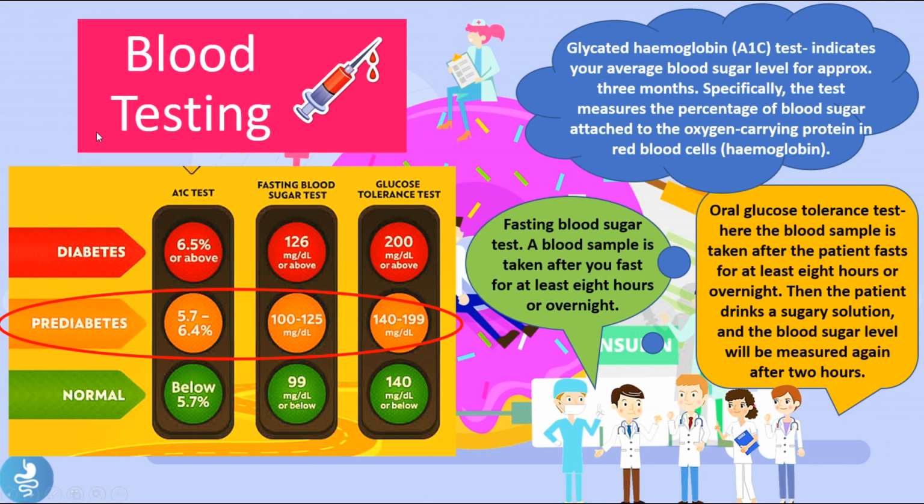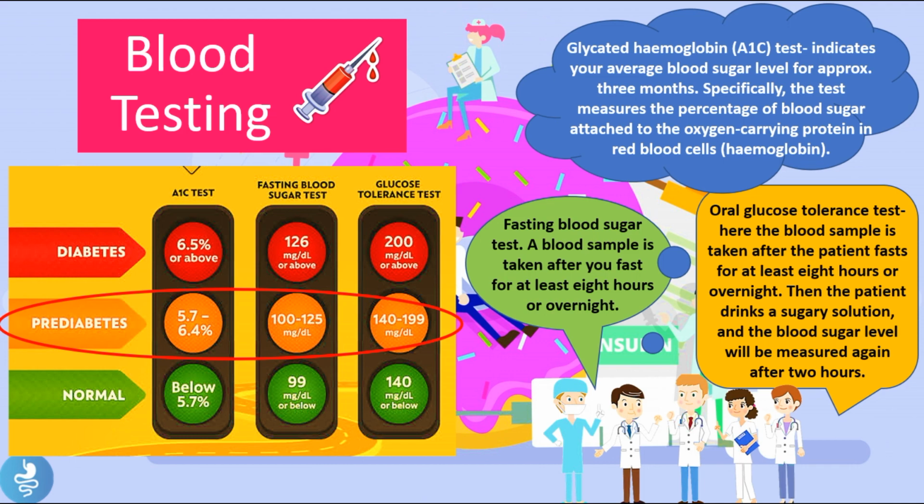If we look at this little table here on my left bottom of the screen, we see the A1C test here, and we see that normally it's below 5.7%. In patients who suffer from prediabetes, it ranges between 5.7 to 6.4%, and in patients who have diabetes, so that means they passed the prediabetes stage, it's above 6.5%.